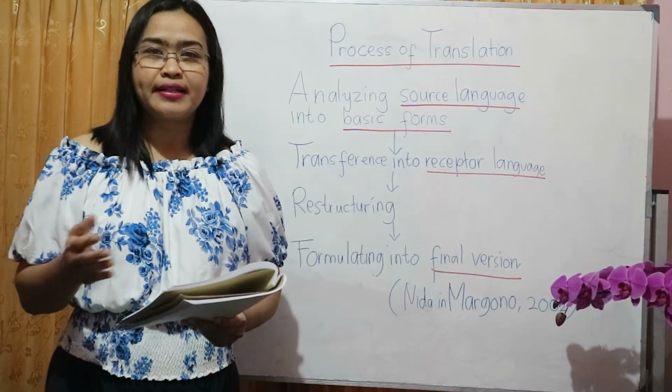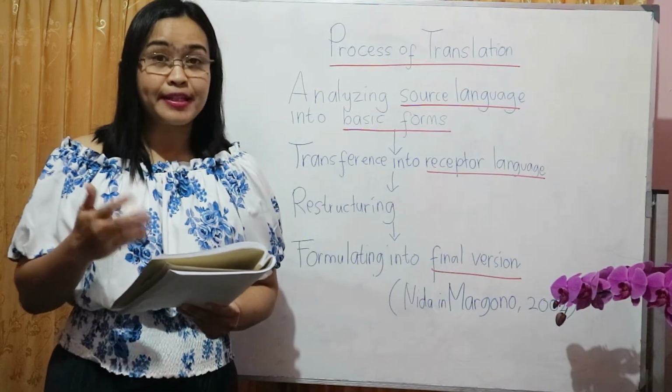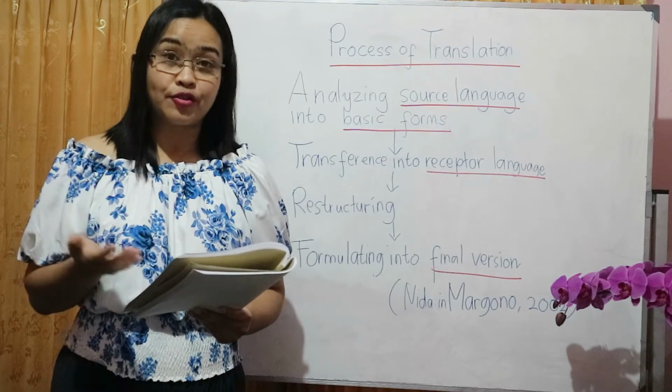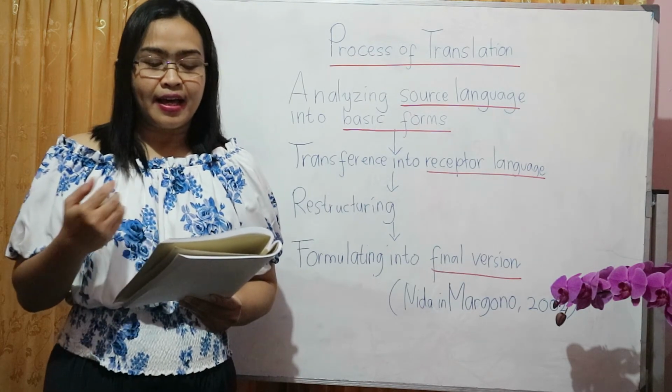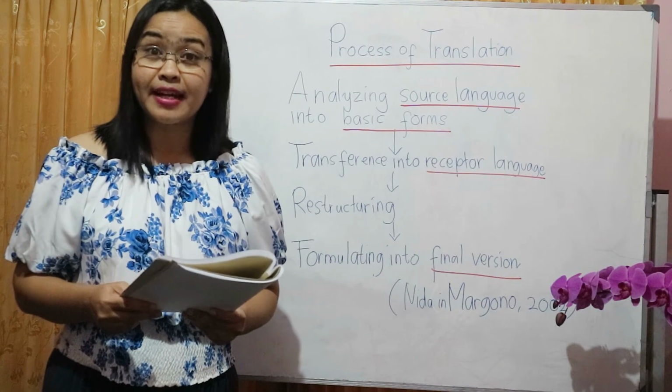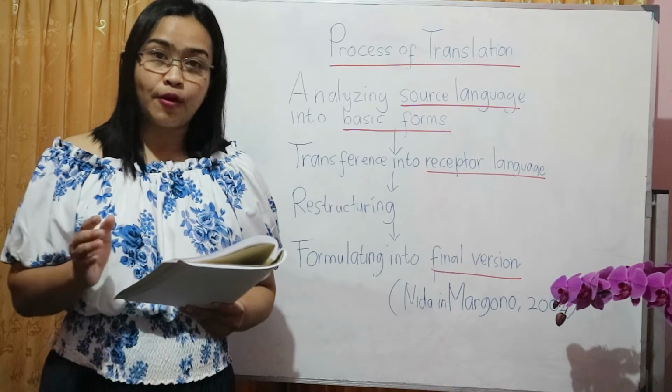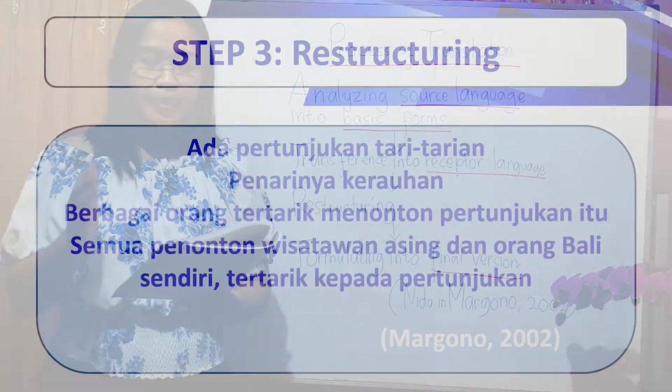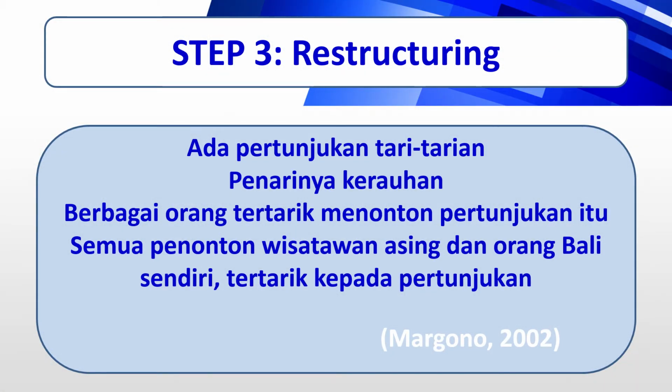When these basic forms are restructured, there is a restructuring process. The basic forms are transferred into ada pertunjukan tari-tarian, penarinya kerauhan, berbagai orang tertarik menonton pertunjukan itu, and the last one is semua penonton, wisatawan asing dan orang Bali sendiri tertarik kepada pertunjukan itu.